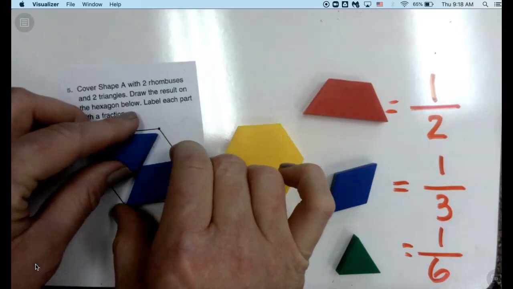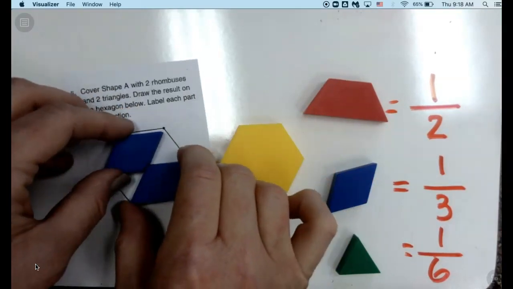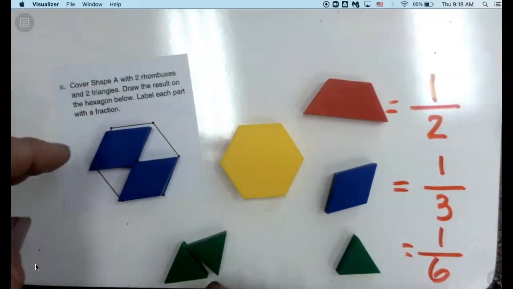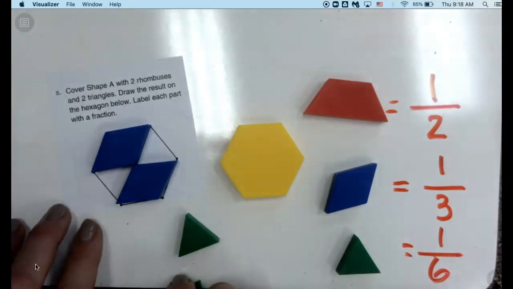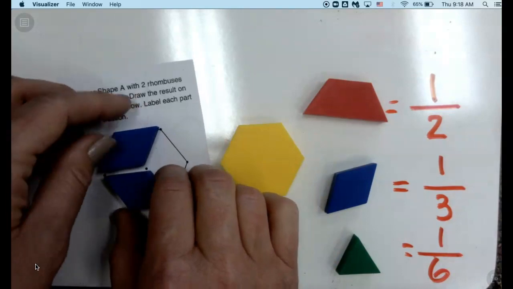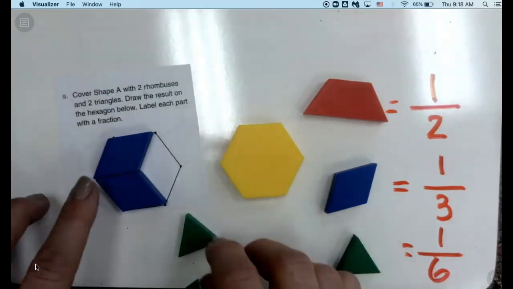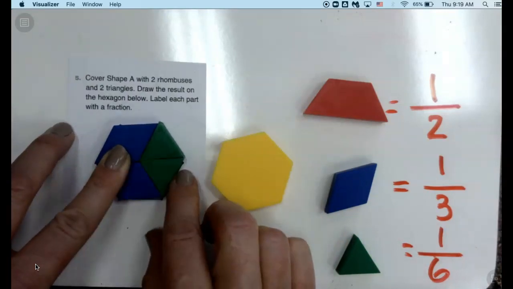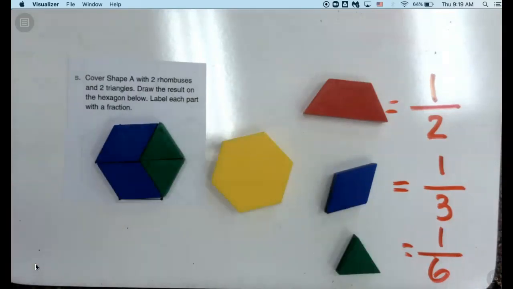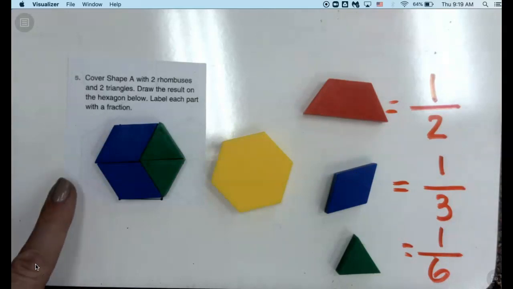You could do it this way with the rhombuses touching on the corners. Whichever way you want to do it is perfectly fine. Some people like to do it this way. I'm just going to have them touching on the sides here. So now I'm going to get my triangles in here. Okay, so there are my triangles and my rhombuses.